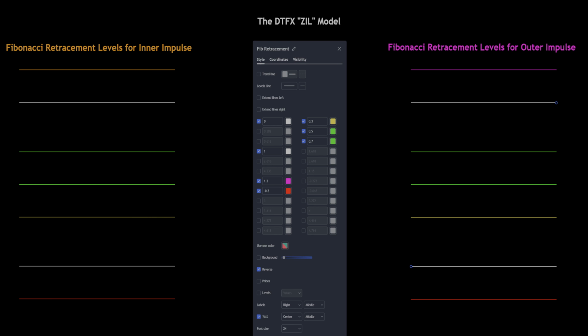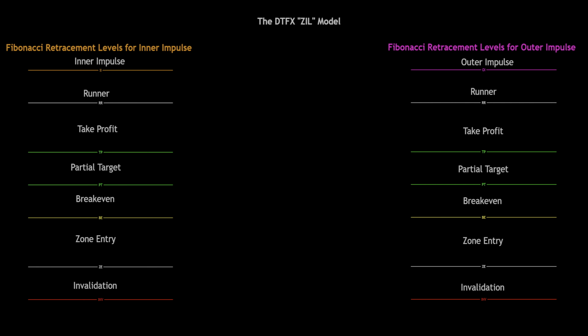These numbers will be the same whether it's for the outer impulse or the inner impulse. Both Fibonaccis will have text on each line. As we mentioned, each level has its own text to it because you will be reading it as instructions for your entry.